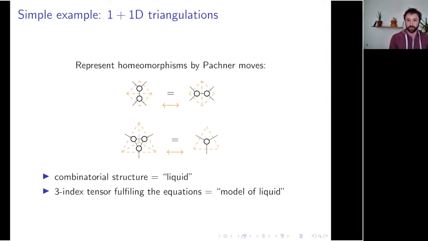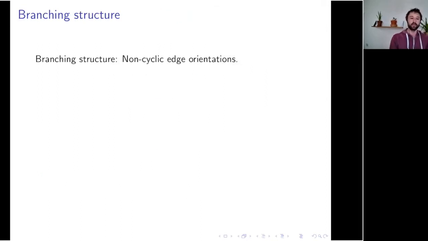But before that, let me quickly generalize this construction by giving each edge an orientation, and also demanding that around each triangle, this orientation is non-cyclic, which is then called a branching structure for the triangulation. This allows me to distinguish the 3 different edges of the triangle, which I then denote in my Penrose notation by putting small flags near where the indices are connected to the tensor shape.